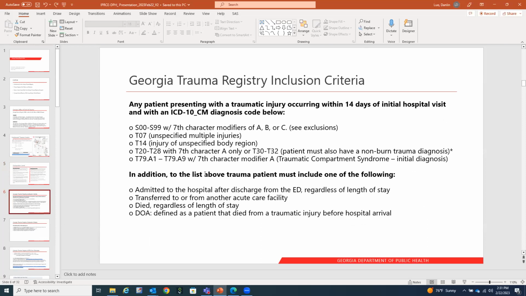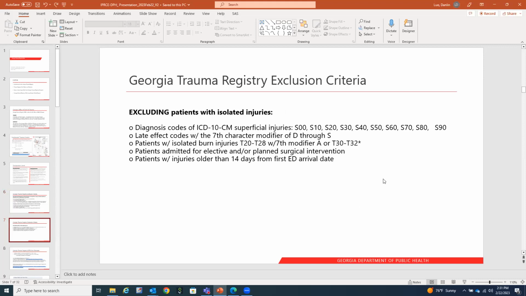In addition to the list above, trauma patients must include one of the following: admitted to the hospital after discharge from the ED, regardless of the length of stay; transferred to or from another acute care facility; died; or died on arrival. Also, we have exclusion criteria. So this is the ICD-10 exclusion code.